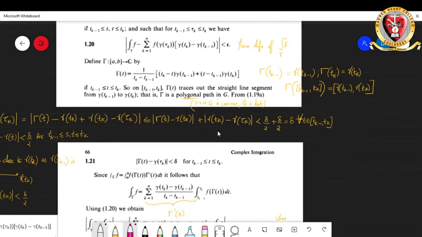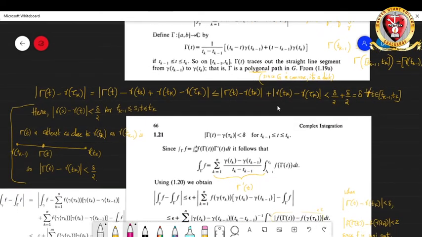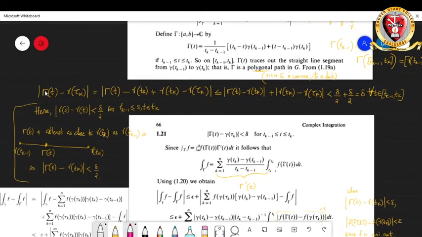Now we are going to consider the modulus of capital gamma of t minus small gamma of tau k. Okay, that is equal to the modulus of capital gamma of t minus small gamma of tk plus small gamma of tk minus small gamma of tau k, which is less than or equal to, by the property of the triangle inequality of modulus, what you get like this.